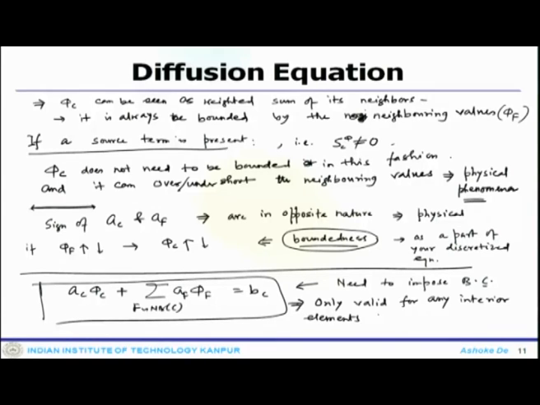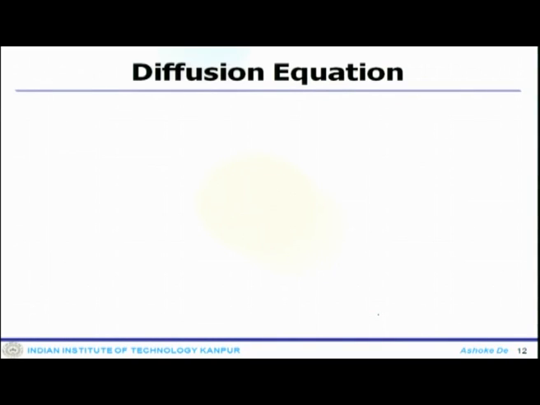Now, boundary conditions could be of different types, and we can see how the boundary elements are imposed on the system.